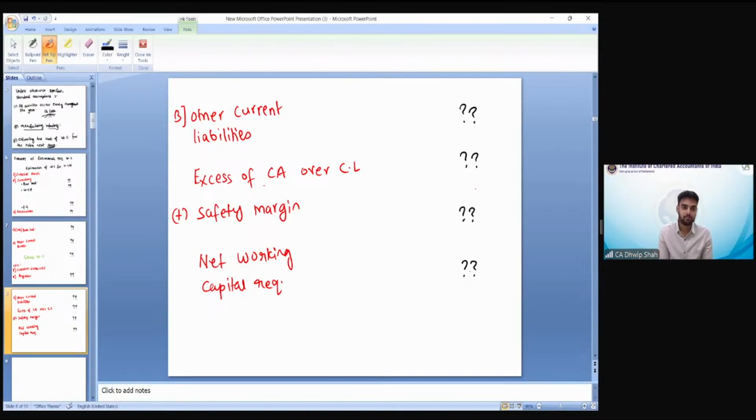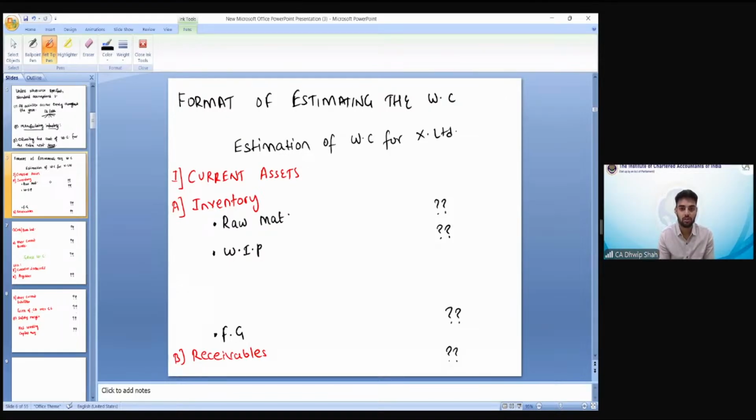But before that, my question to you: this estimation of working capital, all these figures, where will they come from? There is one source document from which we will receive all these values, the information of all these components. That source document is nothing but our income statement or cost statement.